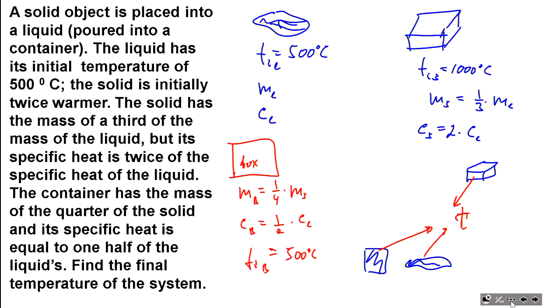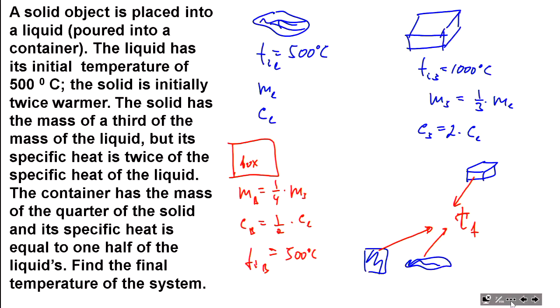Let's call it lowercase f. Let's use Celsius for everything. That's it. So now we can see how many processes are happening. We have to assume no phase change happens because we have no information on latent heat.